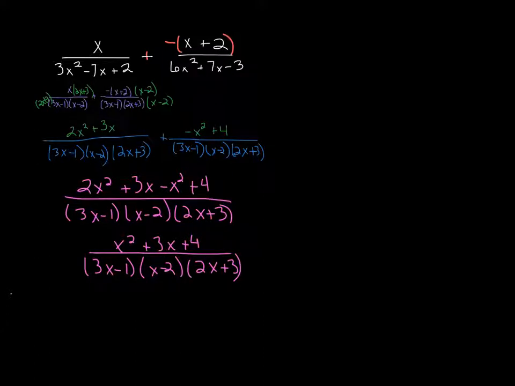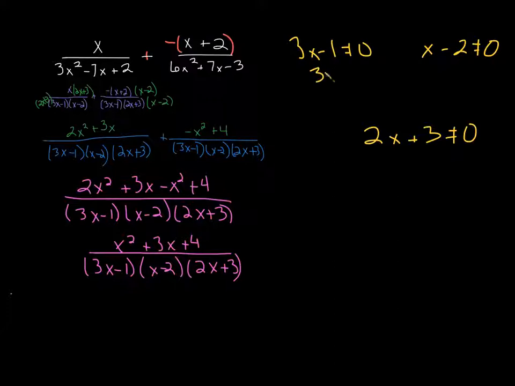We do, however, need to find our excluded value still. So look at your common denominator. So you have 3x minus 1 cannot equal 0. X minus 2 cannot equal 0. And 2x plus 3 cannot equal 0. So here you add 1. So 3x cannot equal 1.